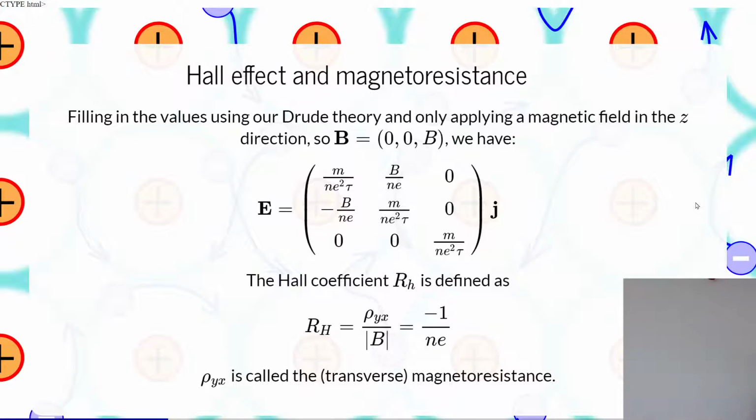If we apply an electric field down those different directions, so if we apply it down the y direction, we get current in the y direction. It's given by our proportionality that we worked out before, tau and e squared and all that business. But the off diagonals give us where the magnetic field along the z direction will accelerate a current along the x or y directions.